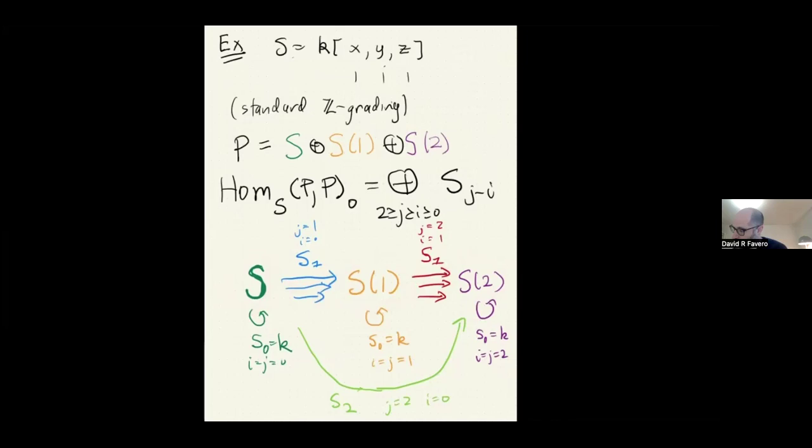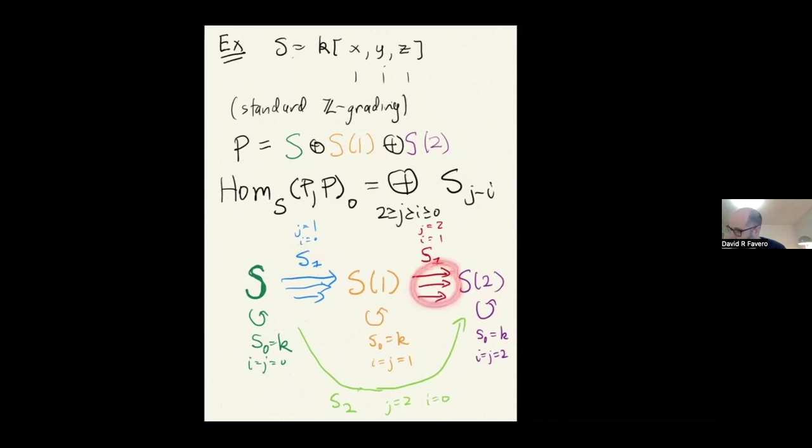I've drawn 3 arrows here representing the 3 possible linear monomials from S to S(1). So these arrows are really x, y, and z, a basis for the linear part of this ring.